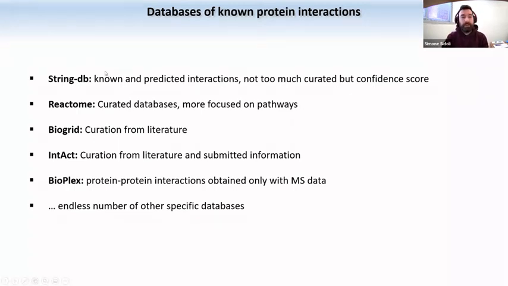And then there are other databases, for example, like STRING, and STRING instead contains a lot more information than physical interactions. It contains, for example, associated proteins depending on text mining, depending on co-expression. There are different ways to basically create a link between proteins that are found in your database.